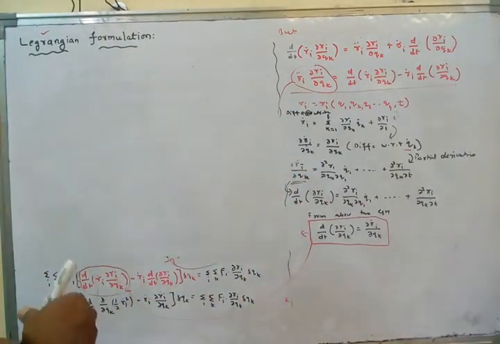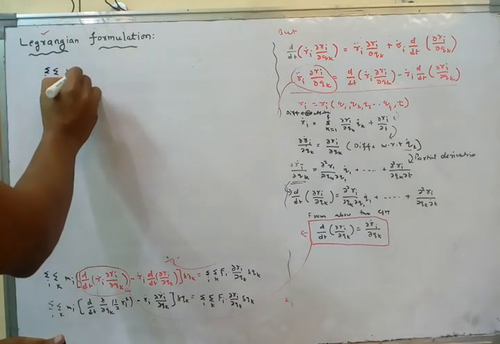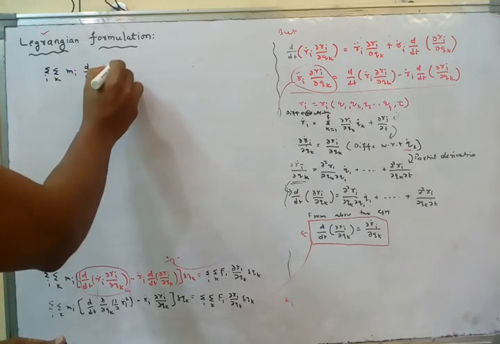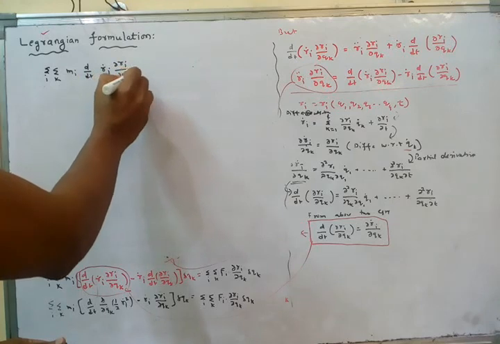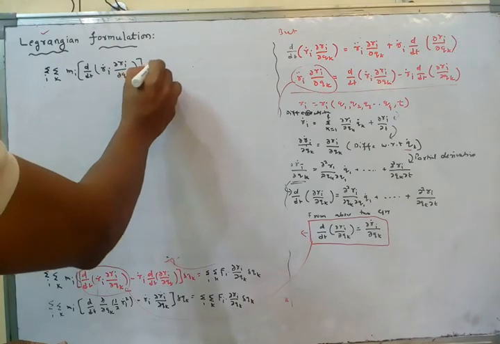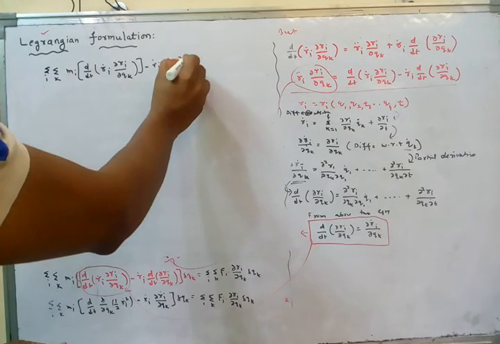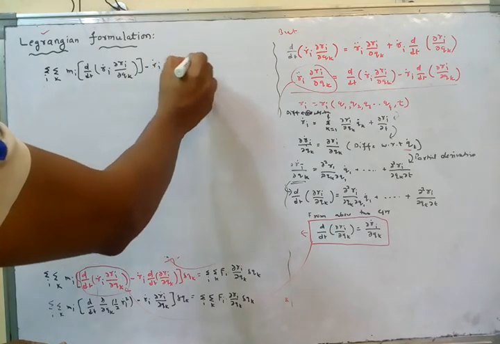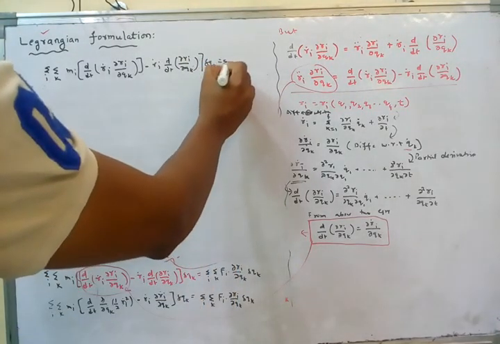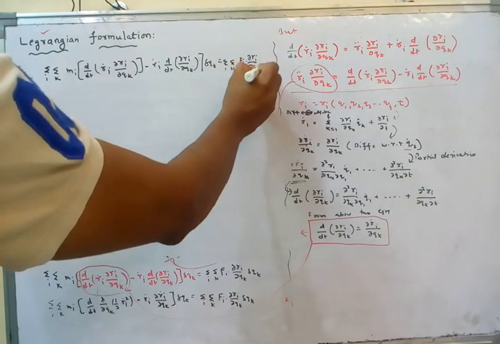So after substituting, we get sigma k mi d by dt of (Ri dot dou Ri by dou qk) minus Ri dot d by dt of (dou Ri by dou qk), times delta qk, equal to sigma k Fi dou Ri by dou qk delta qk.